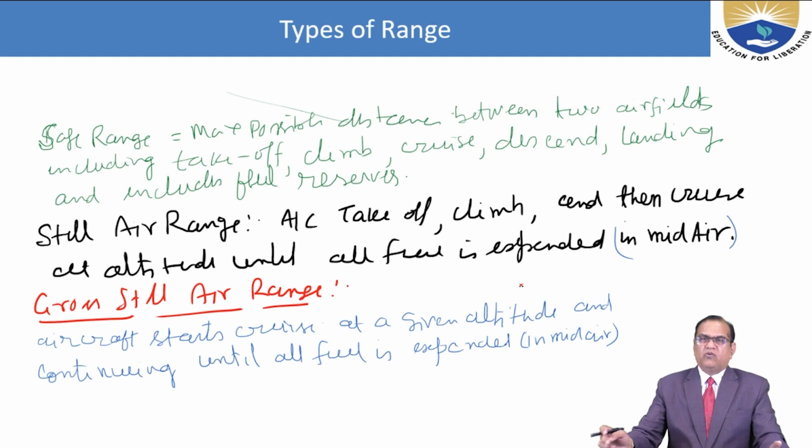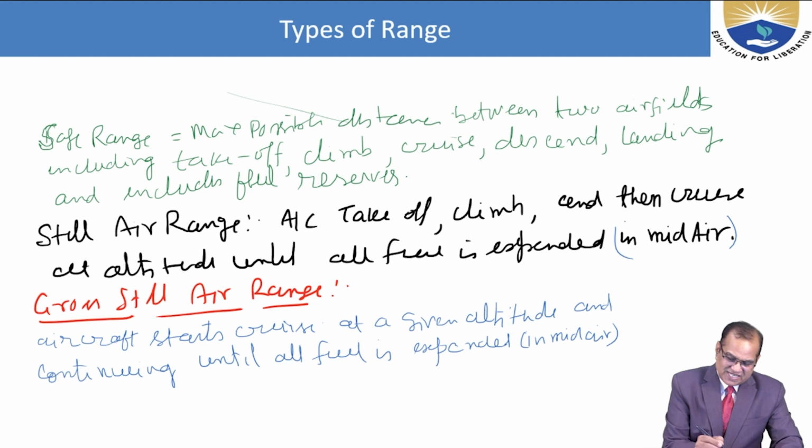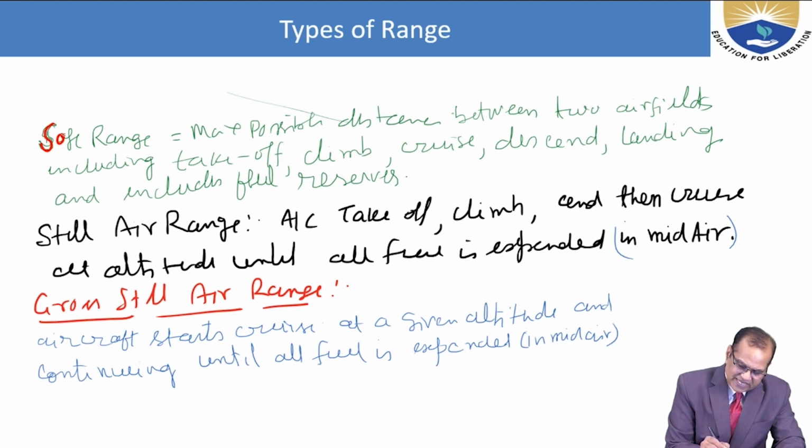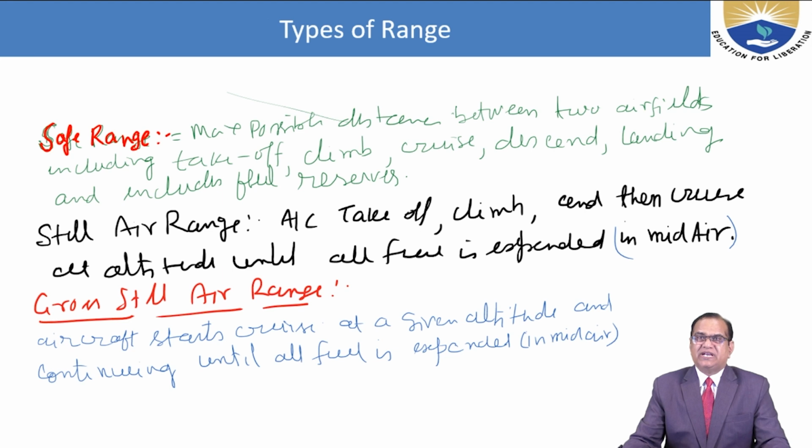So now we will see the types of range of the aircraft. The first one is the safe range. What is the safe range? It is the maximum possible distance between two airfields, including takeoff, climb, cruise, descent, landing, and it includes all fuel reserves.